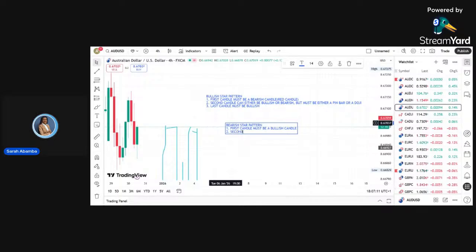The second candle can either be a bullish candle or a bearish candle, while the last candle must be a bearish candle.